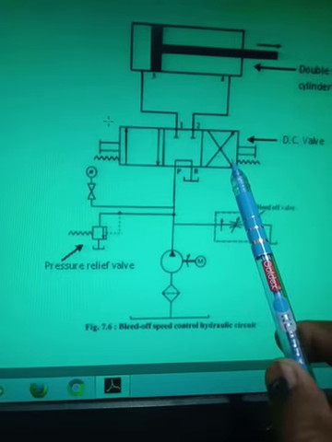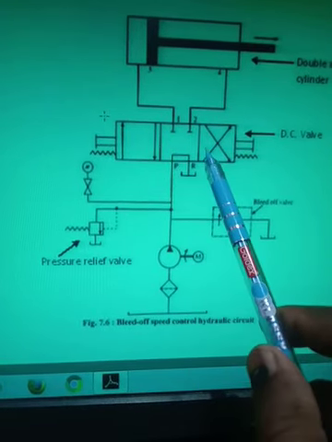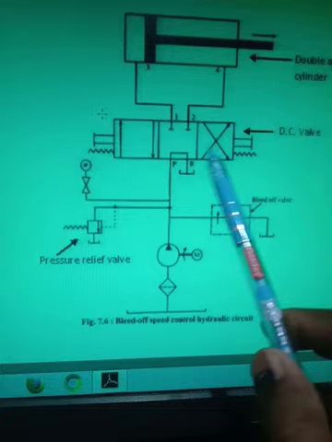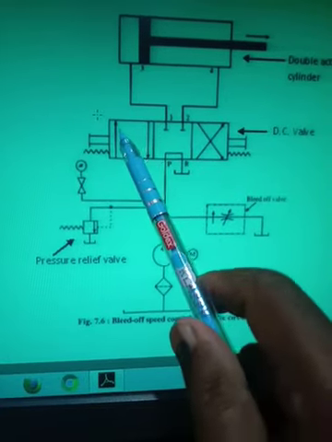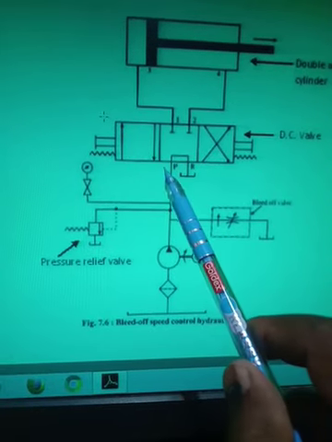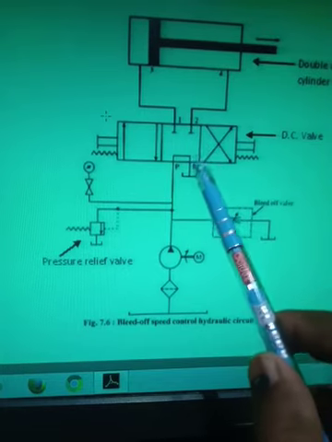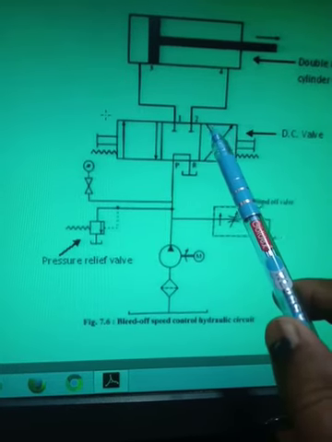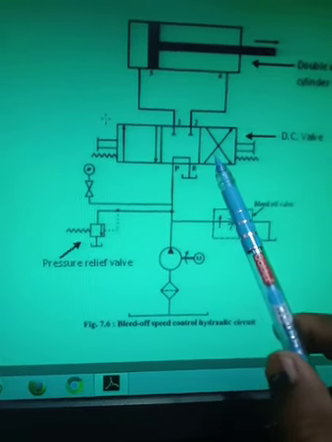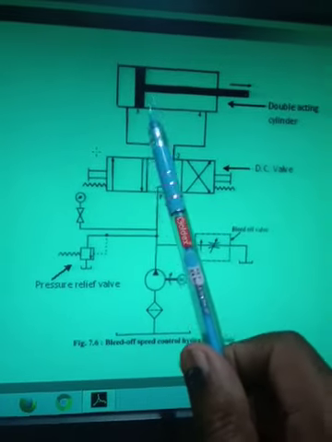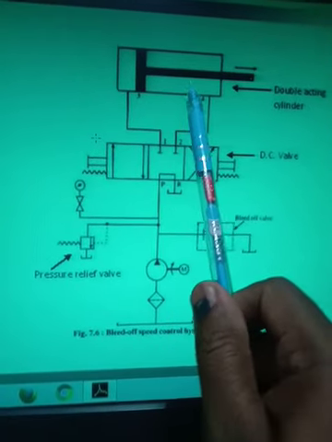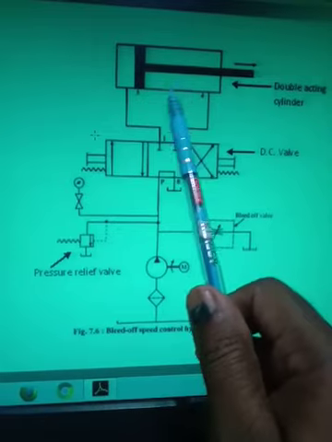So 4 means what? It is having 4 ports, P, A, B, R. So this is a 4/3 direction control valve, and this is a double acting hydraulic cylinder, right? So this is the actuator.